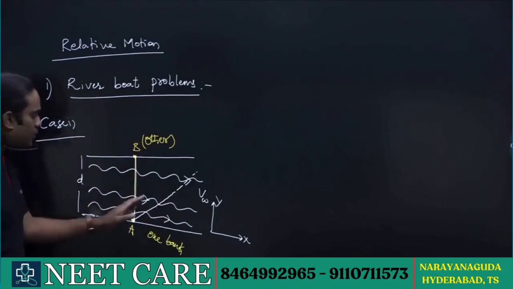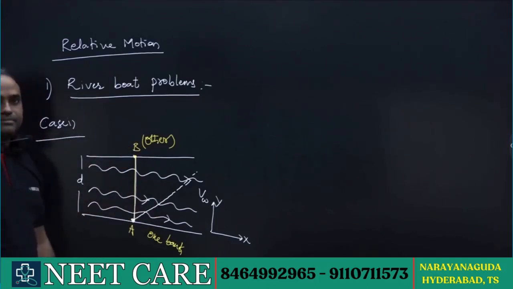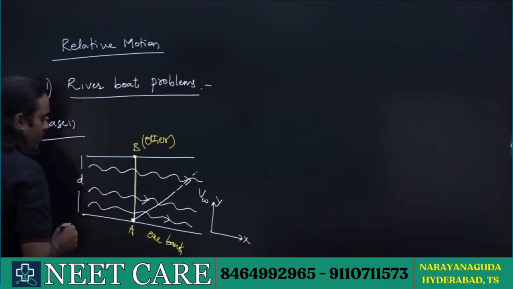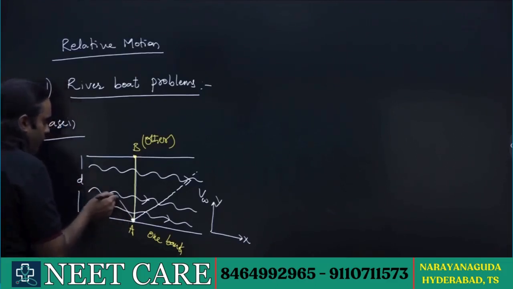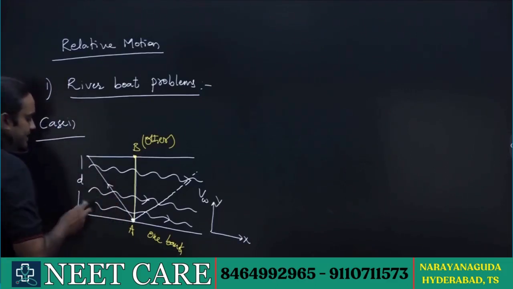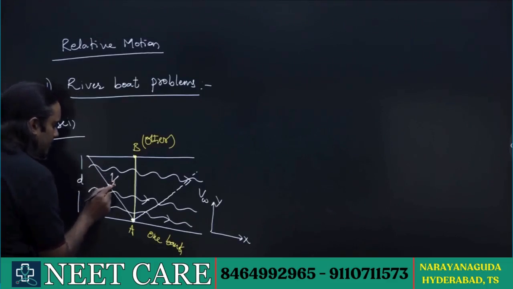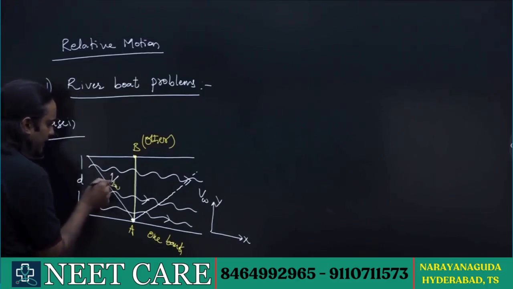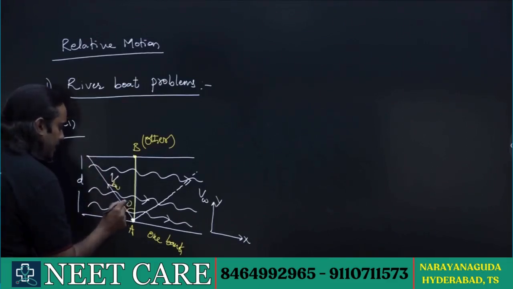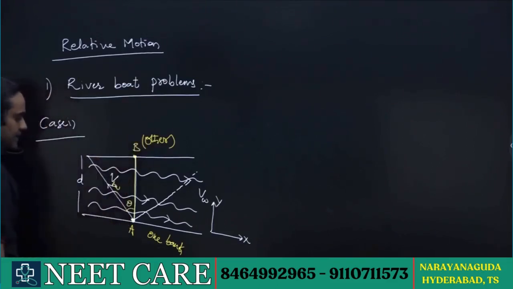So in order to reach the other bank, the boatman has to keep the boat against the flow of water like this. This is the suggestible direction of the boat relative to water, so that he can reach the other bank easily.